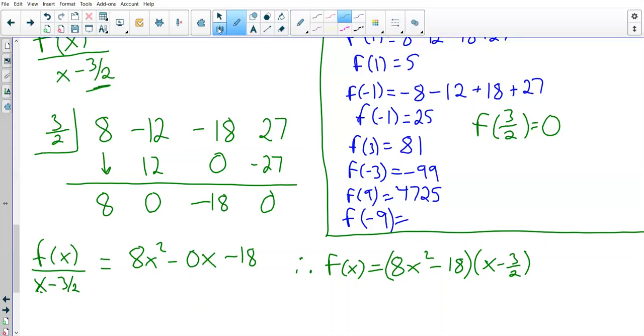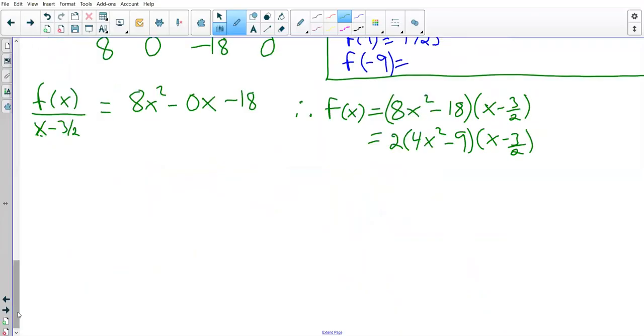So if I look at that trinomial there, I'm going to factor out a 2. That's going to leave me with 4x squared minus 9. And then I had my x minus 3 over 2. Now, a lot of the time, what's going to happen here is I might multiply that 2 back into the second set of brackets, so I'd get 2x minus 3. Doesn't matter if we do or not.